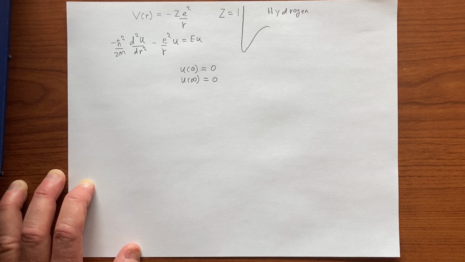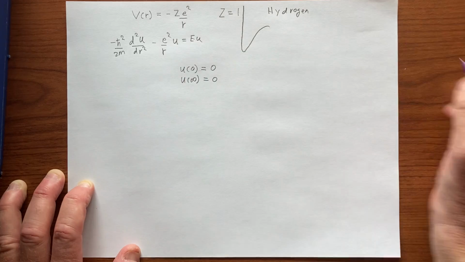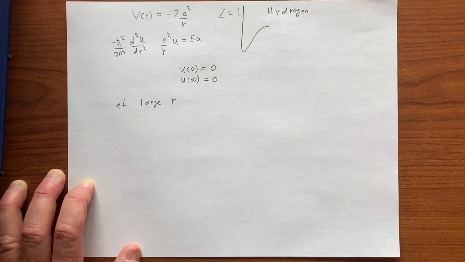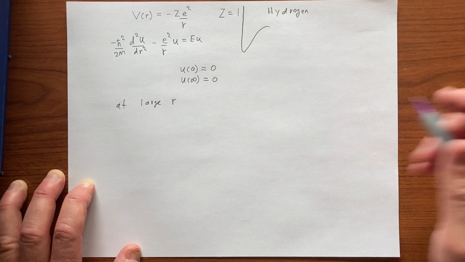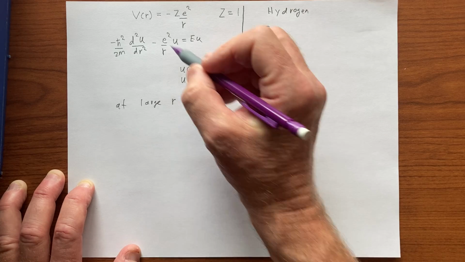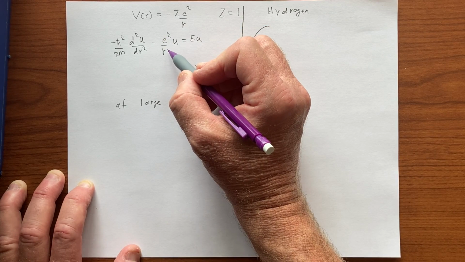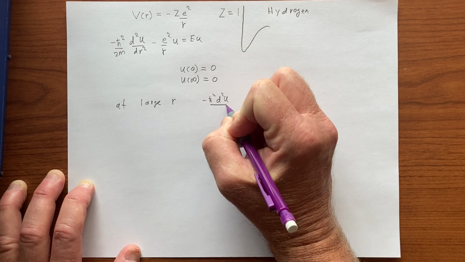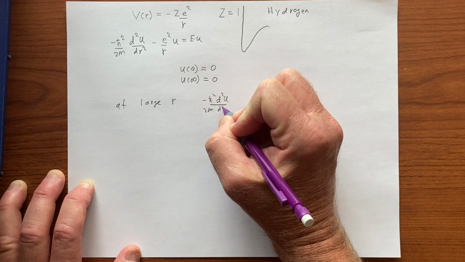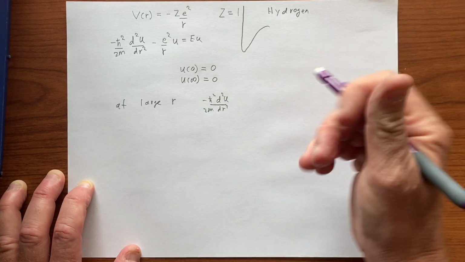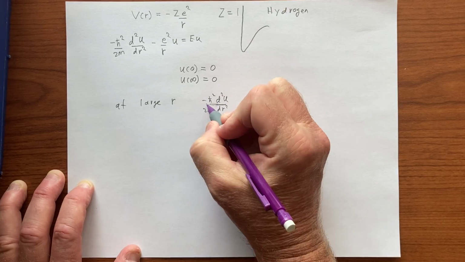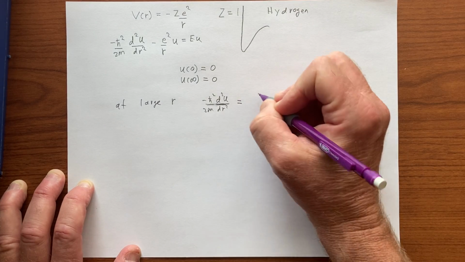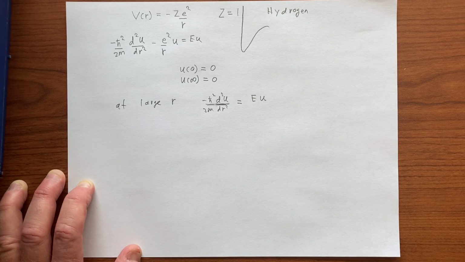Let's construct the solution u from this. So let's say that at large values of r, we'll explore it in that regime first. That means this term is negligible, right? That goes to 0, and so the Schrodinger equation says the second derivative term is about equal to the energy times the u function.